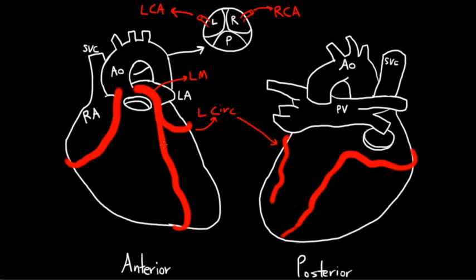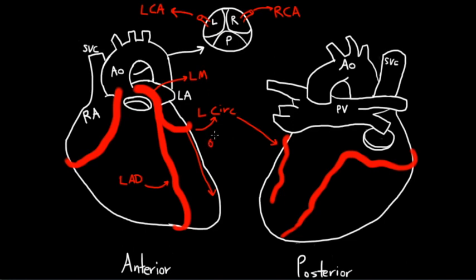The rest of the left coronary artery is composed of this big vessel called the LAD, the left anterior descending artery. So I'm going to put LAD right here. Each of these vessels has another set of large vessels that come off them. Usually the big vessel that comes off the left circ is this one right here. It's called either the left marginal or the obtuse marginal artery.